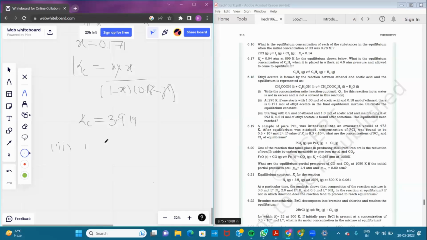One mole of acetic acid, 0.5 of ethanol, and this is 0 initially. This is also 0 as well. Consider Y amount reacted as per the stoichiometry.